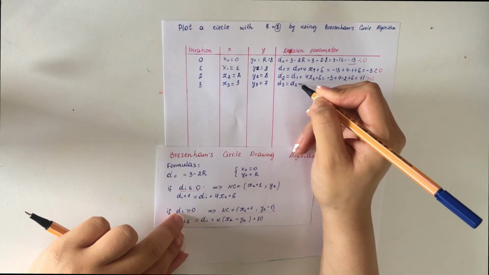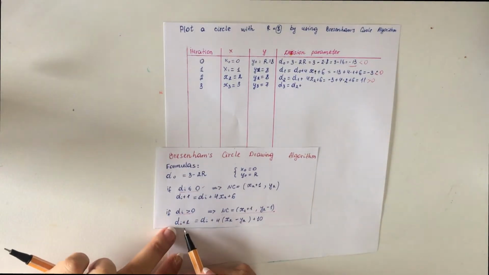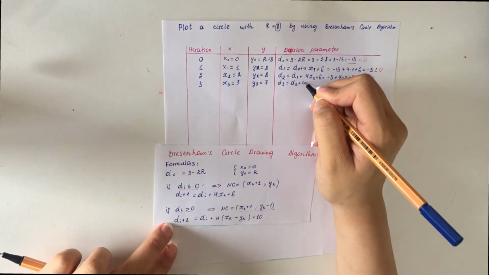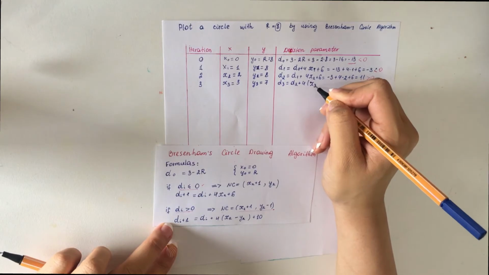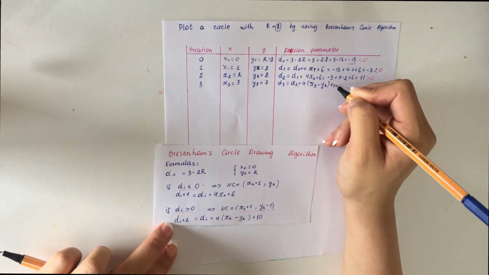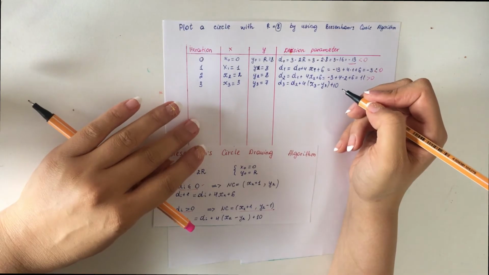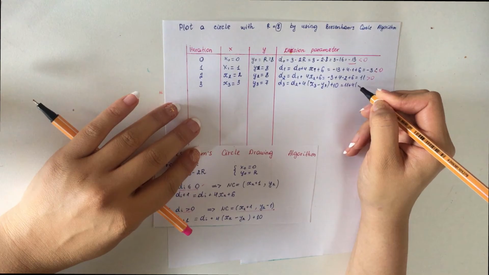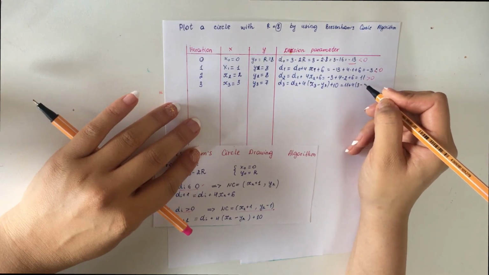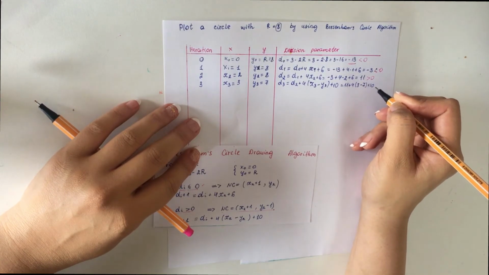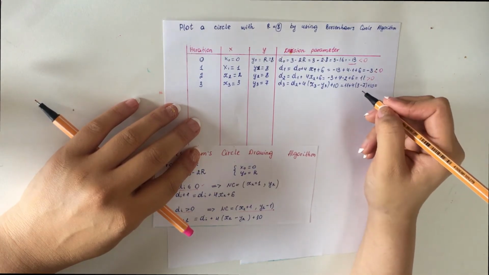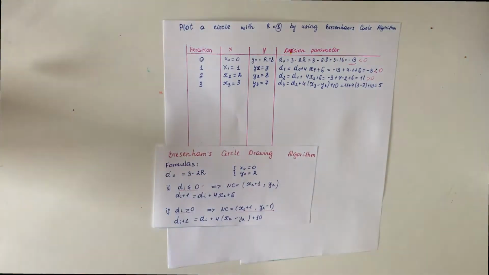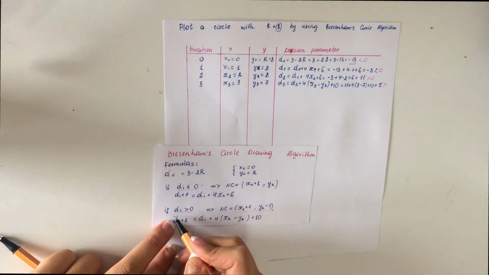Now let's calculate the third decision parameter. As you see here, the condition changed, so the formula also changed. We will use the second formula. d3 equals d2 plus 4 times x3 minus y3 plus 10, which equals 11 plus 4 times 3 minus 7, which are the values of x3 and y3, plus 10, and that equals 5.